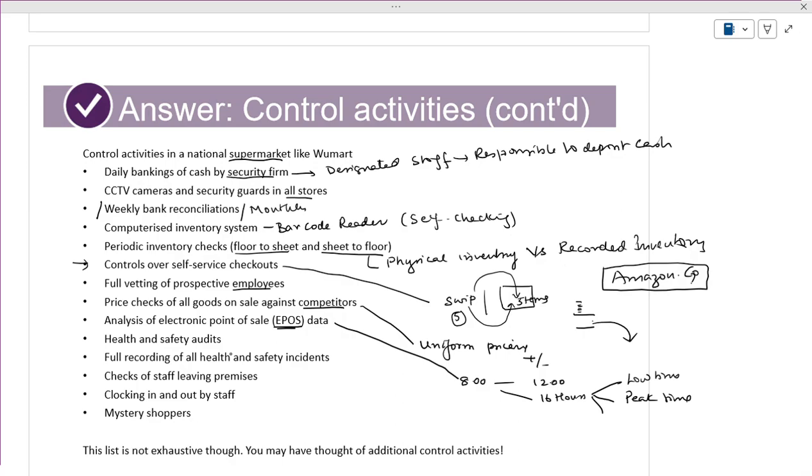Health and safety audits we will do. I told you about health, safety and environment. Every company will have people who will check the pricing, packing date and expiry date.